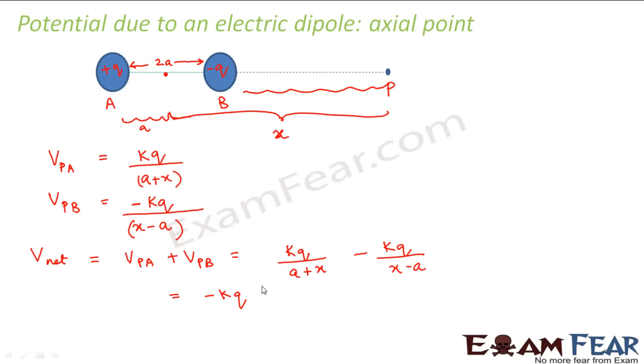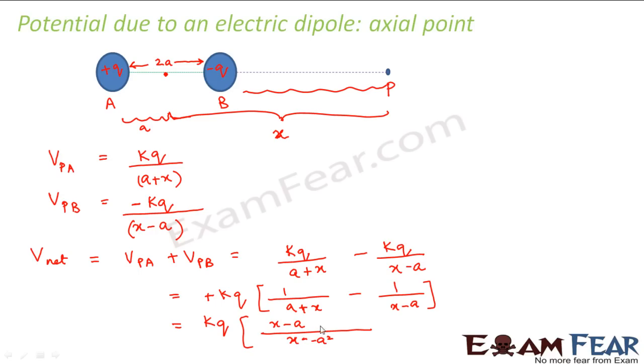So this becomes minus KQ into 1 by a plus x minus 1 by x minus a. So this becomes equal to, this becomes x square minus a square. This is x minus a plus x.